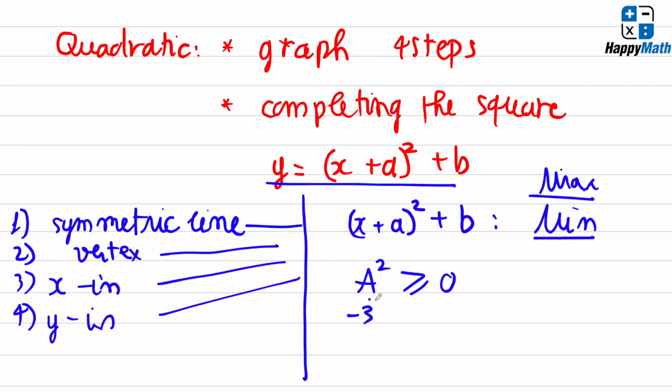For example, -3, you take its square, you have 9, greater than 0. You have 3 squared, of course it's greater than 0. So every number you square always has a value greater than or equal to 0.